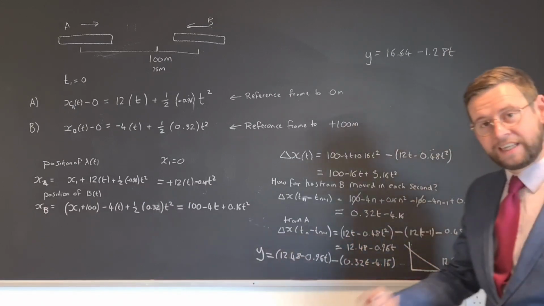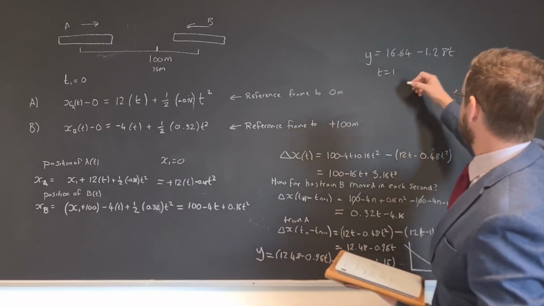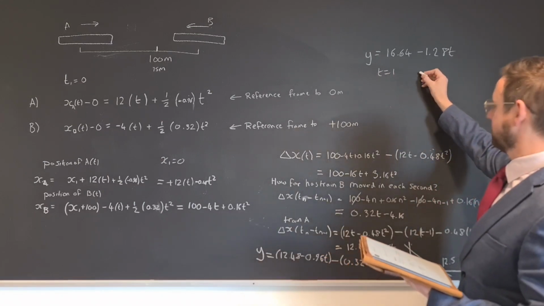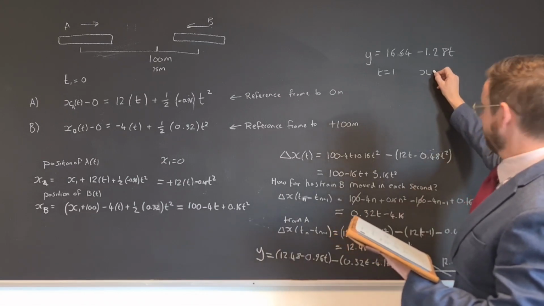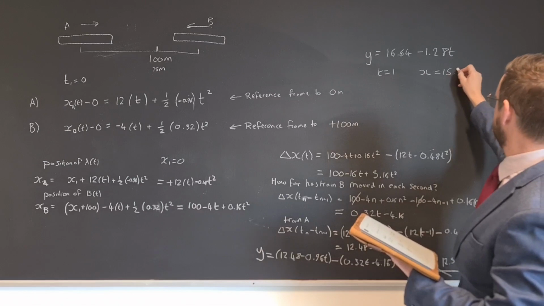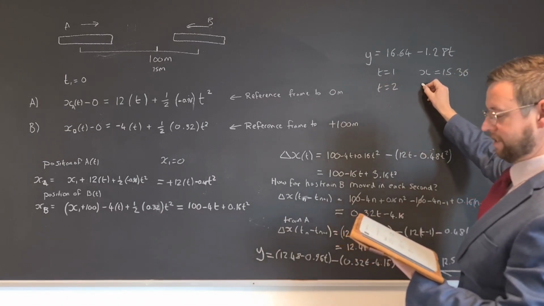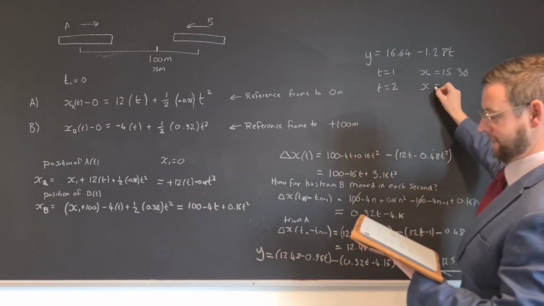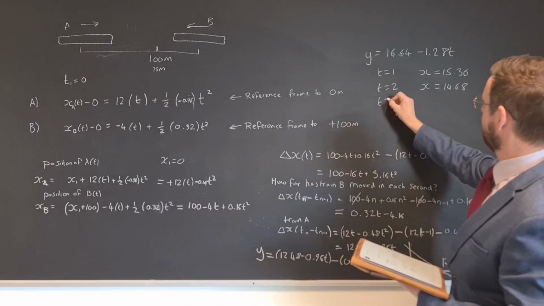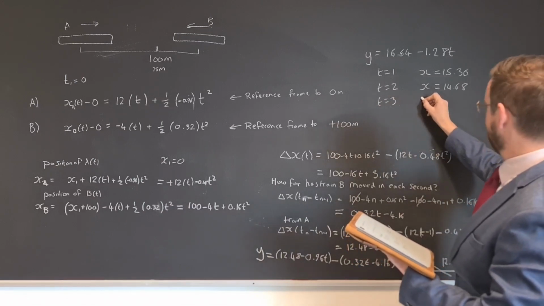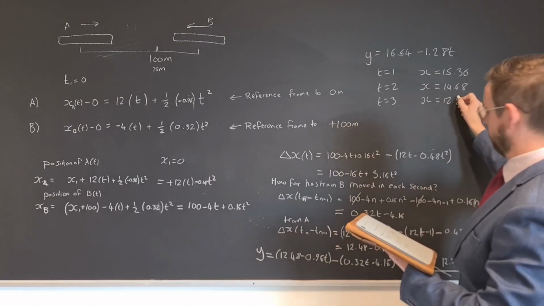And for each time interval, for t equals 1, the total amount of difference in position that the trains have made between them is equal to 15.36. And in the second, how much difference in position have the trains made on each other? Well, it becomes 14.68. And then in the third, we have the difference in position as 12.8.